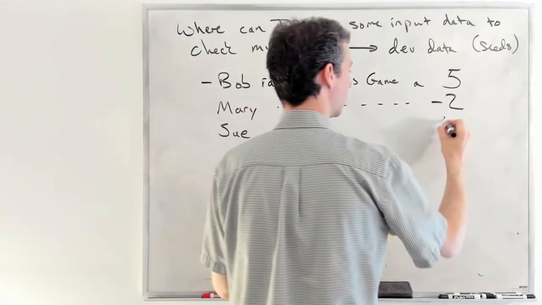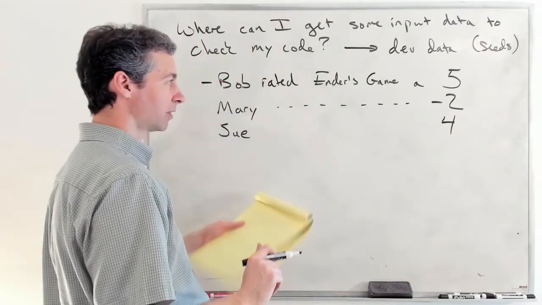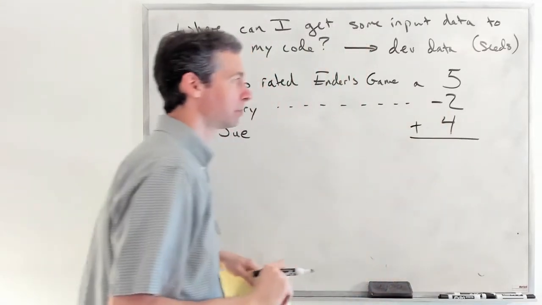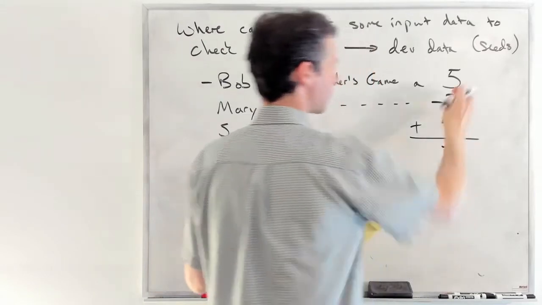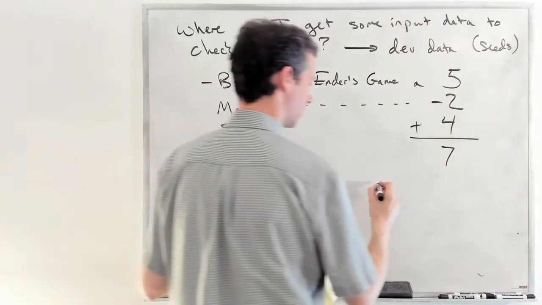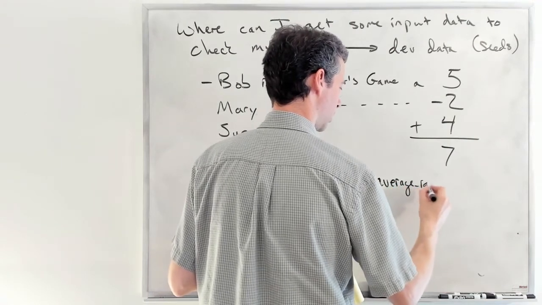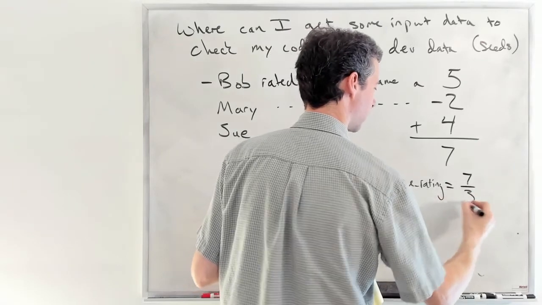Sue likes it a lot more, not quite a fan like Bob is, but likes it quite a bit. So if we sum these all up, I believe the sum is 7. There are 3 of them, so our average rating is 7 divided by 3.